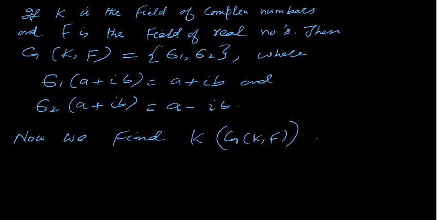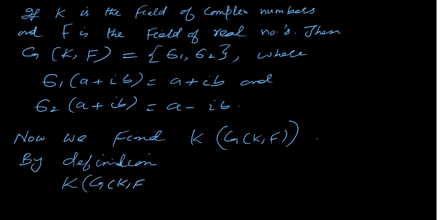by definition, we will see the definition, then we will see the other things. By definition, this K^G(K/F) is equal to those elements of field K such that they are fixed by every element of G, such that sigma of a is equal to a for all sigma belonging to G(K/F).